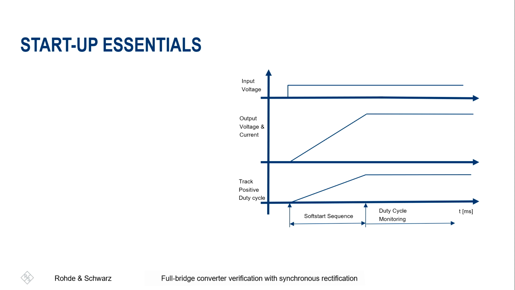This is actually what you want to see, and then we eventually start the steady state condition. That's why it's called soft start. And then we need to cover this section.